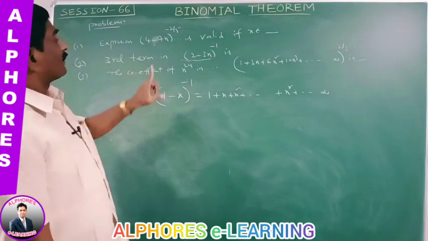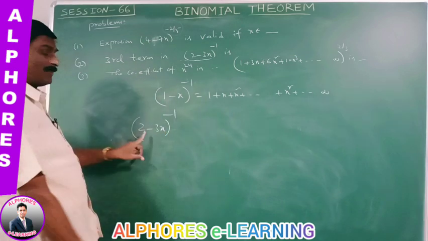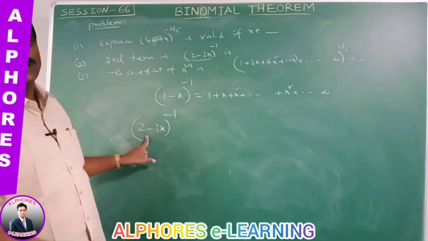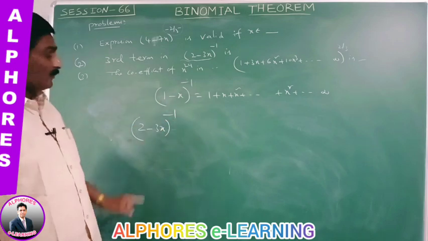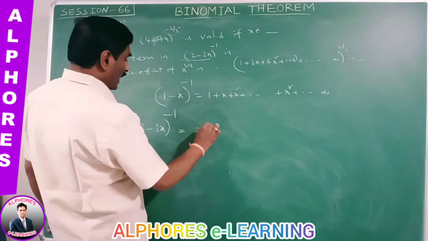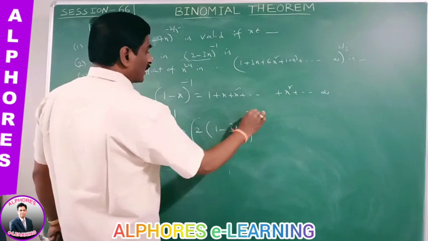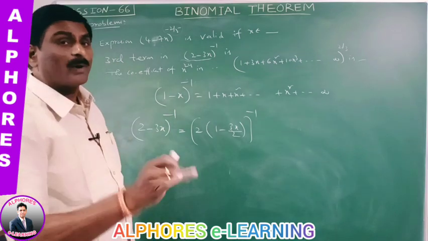Here the problem is 2 minus 3x whole power minus 1. First we reduce the base into standard form. Standard form means 1 minus x form. For getting the standard form, what is the common value? 2. So 2 is the common term. 2 into 1 minus 3x by 2 whole power minus 1. AB whole power n means a power n into b power n.